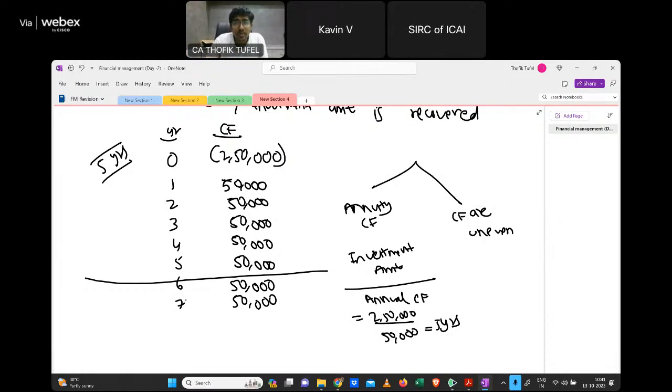You can write either investment amount or cost of the project, because the cost of the project is alone what you're investing. In textbook, the word cost of the project is given.